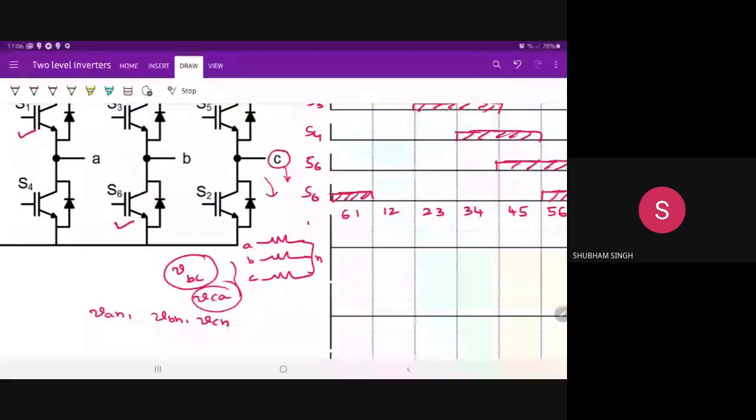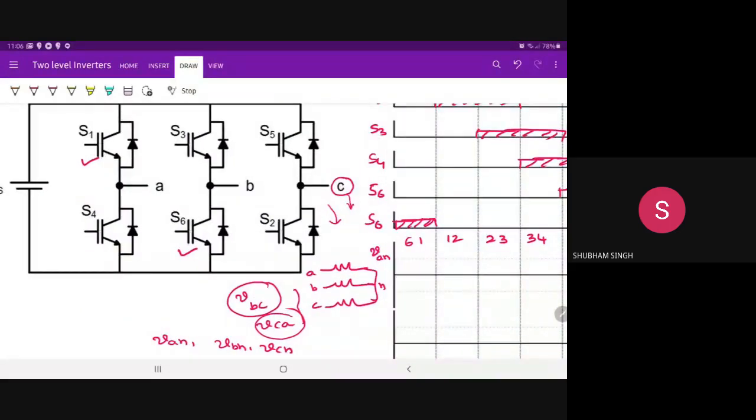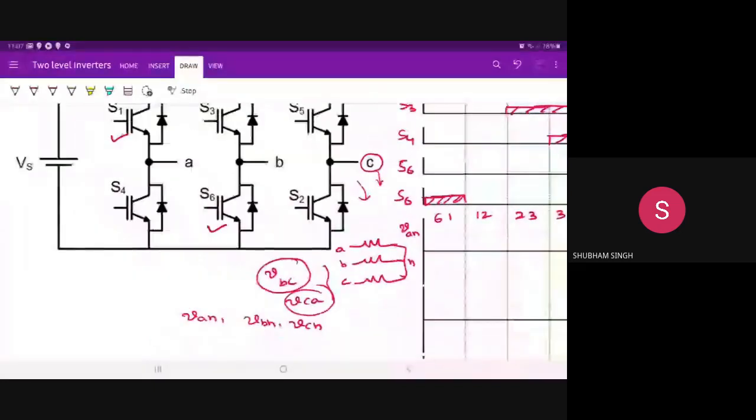What is VAN when S1 is on? See, in case of 180-degree mode, all the phases are in conduction; any one device from each phase is in conduction.